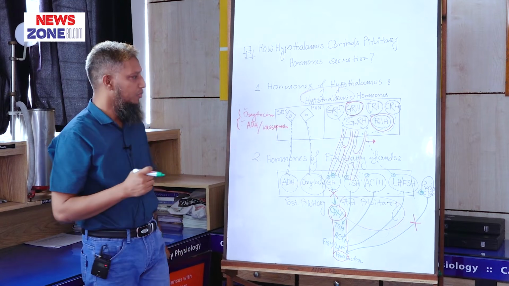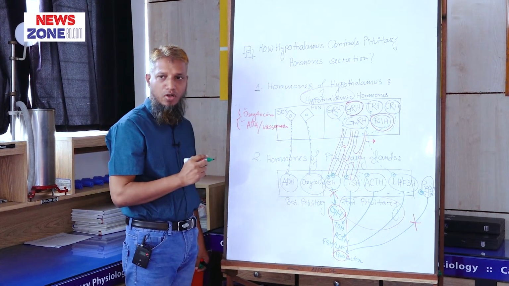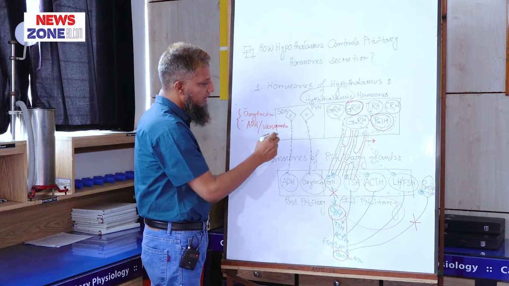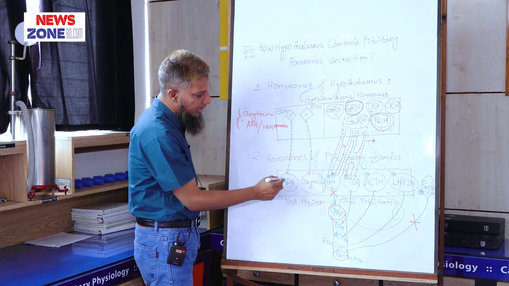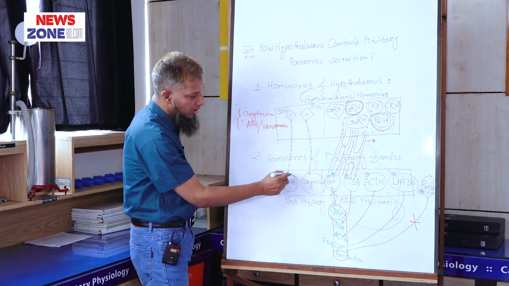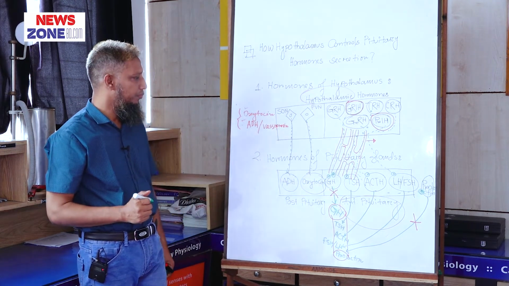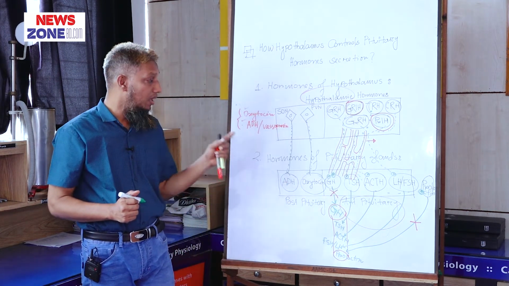Okay? So, after synthesis within these two nuclei, supraoptic and paraventricular, ADH or oxytocin hormones travel via axoplasm of nerve fibers and reach the posterior pituitary and store ADH as well as oxytocin. Now, how will they release this into blood?